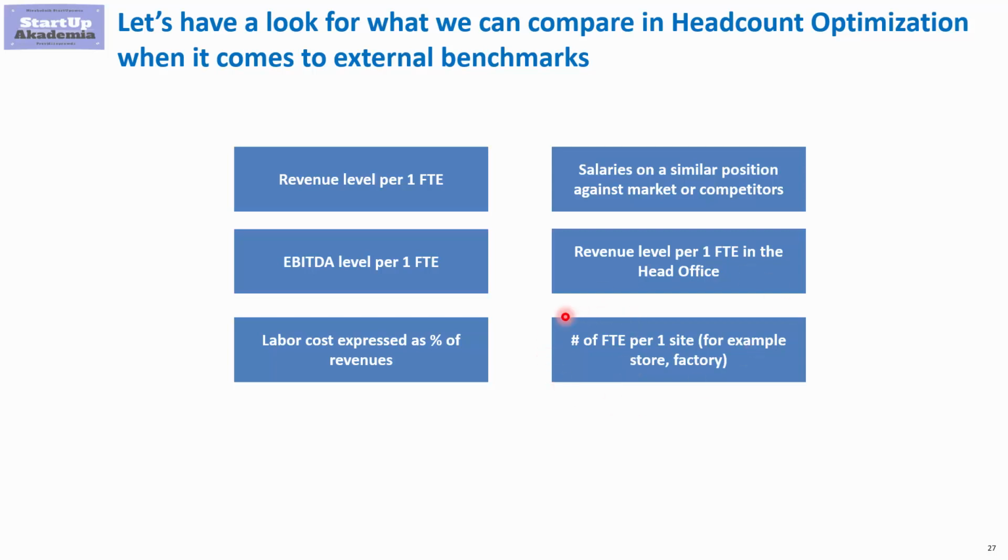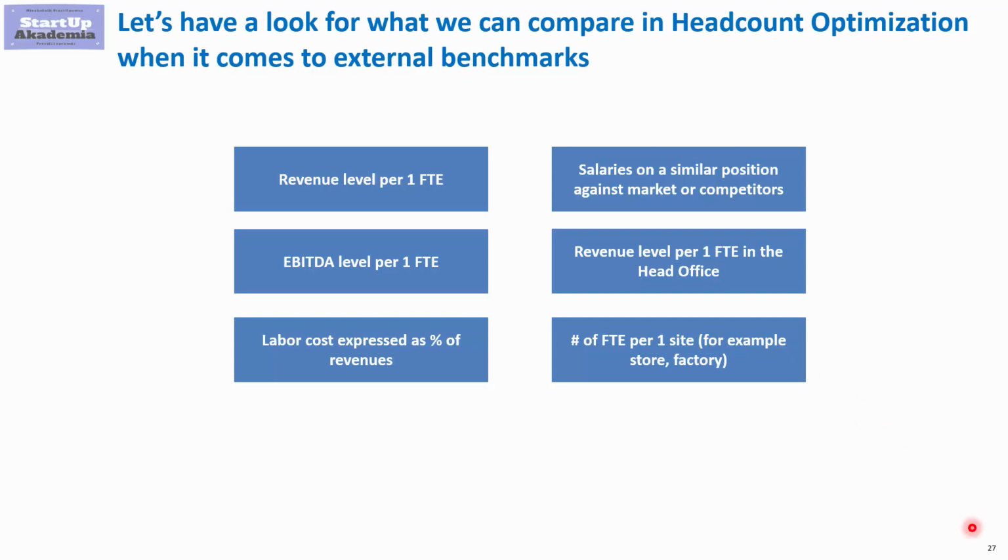So if we were looking at the number of FTEs per one site, the number of people that a specific site requires to work, this would give us an idea of what is the potential of headcount reduction in this site. Whereas if we look at the head office, obviously this will give us some idea how we can reduce the headcount in the head office.